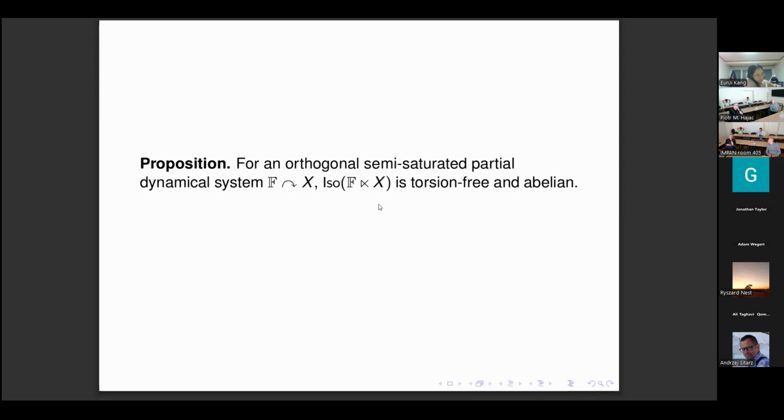I forgot. Essentially, this group is going to be isomorphic to a subgroup of the integers. So that's why it's going to be torsion-free abelian. Because there's an isomorphism between this groupoid and the Renault-Deaconu groupoid, and there all isotropies are going to be subgroups of the integers. So they're torsion-free and abelian.